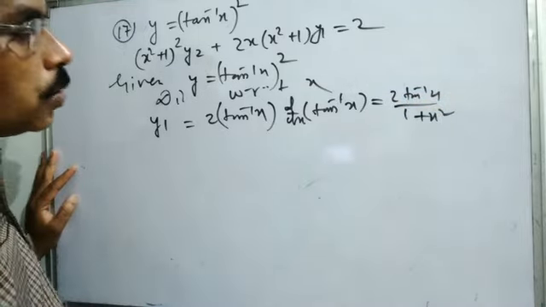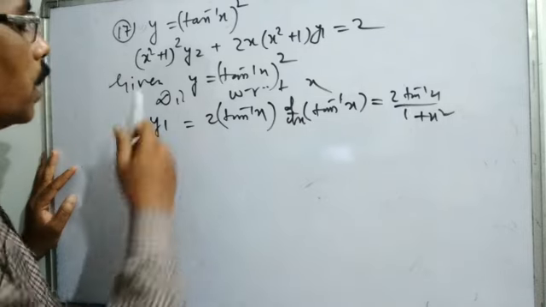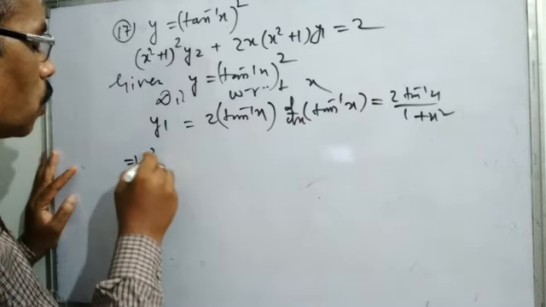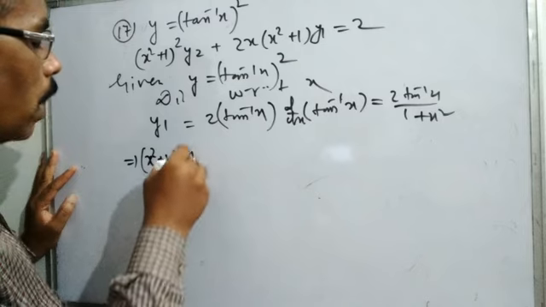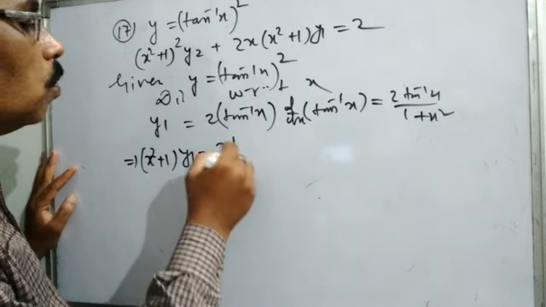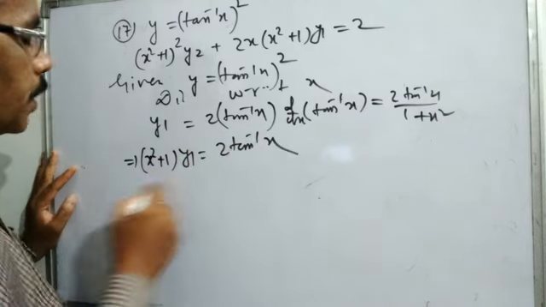So y1 is equal to this one; taking 1 plus x square to this side, it is (x square plus 1) y1 is equal to 2 tan inverse x.